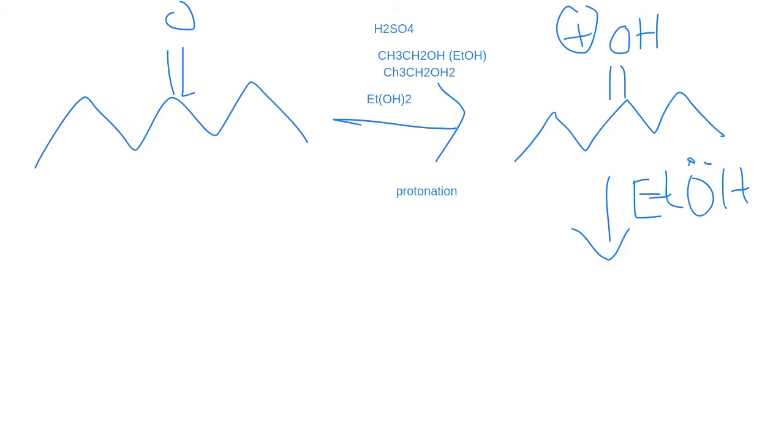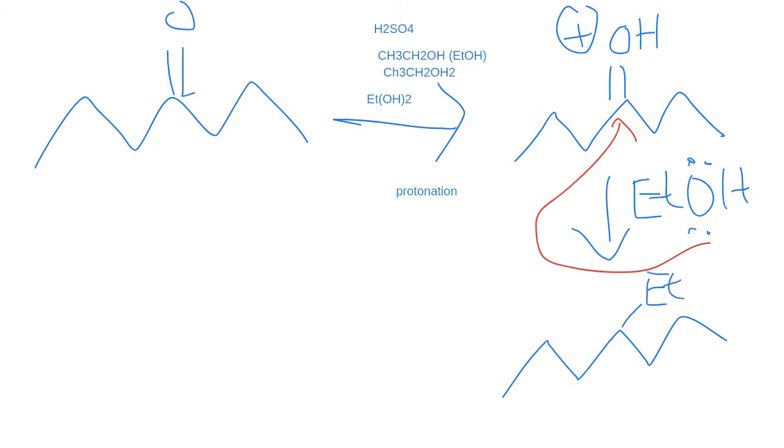So ethanol, with its lone pairs, will nucleophilically attack our activated carbonyl group, and we're going to get this product. And now there exists a positive formal charge on our alcohol.